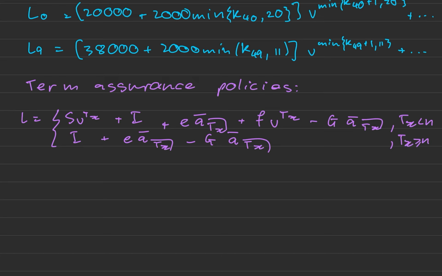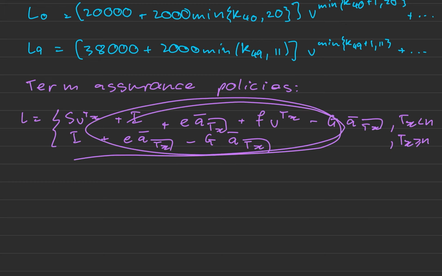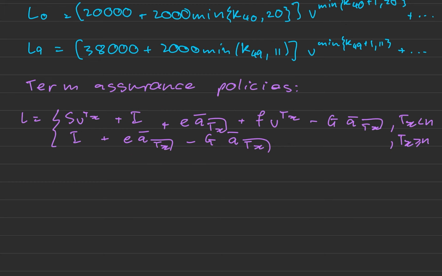Now quickly note that you can't condense this term assurance policy into one line. You have to write it as 2 lines in this case. And before I explain how this works, which is not that complicated, let me say that it's very important that you know how to write up these future loss random variables from scratch.